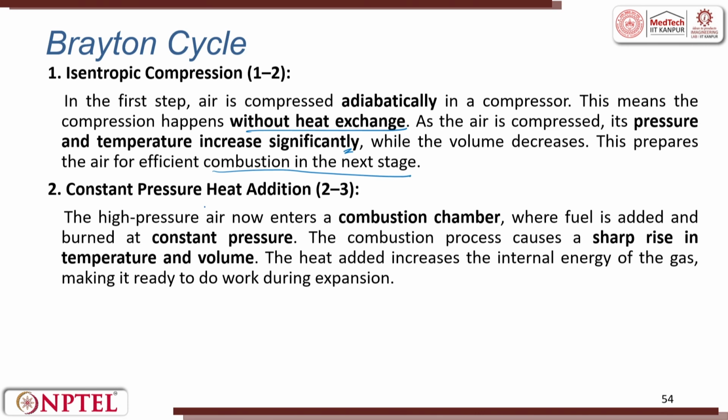When we talk about constant pressure heat addition, 2 to 3, the high pressure air enters the combustion chamber, where fuel is added and burned at constant pressure. The combustion process causes a sharp rise in the temperature and volume. The heat added increases the internal energy of the gas, which makes it ready to do work during expansion.